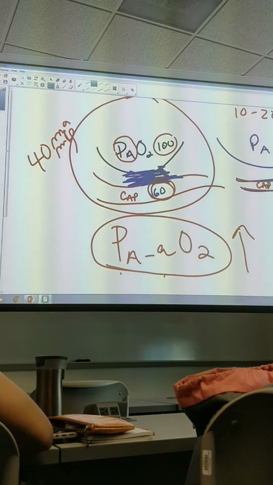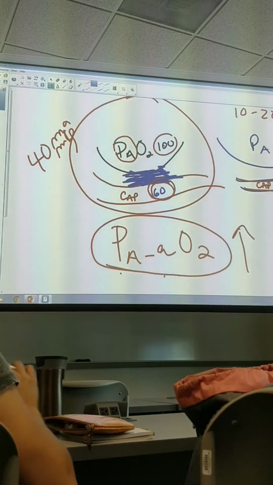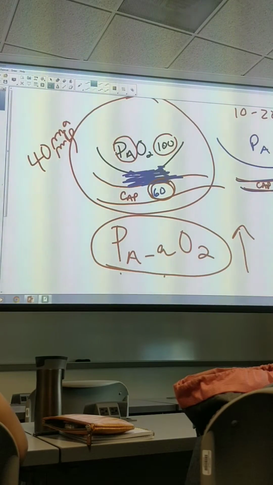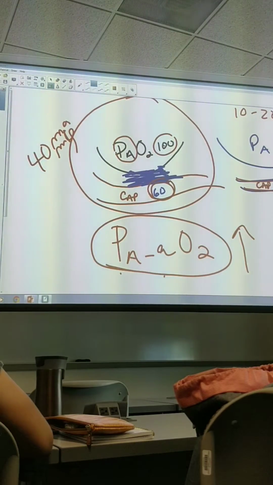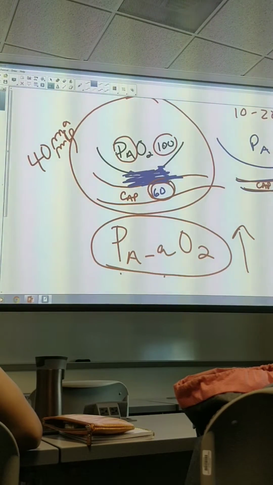Does that make sense? That's what the P big A little aO2 is. That is the difference between the amount of oxygen in the alveoli and what is in the capillary. And if you have any problem across the AC membrane, that difference is going to go up, and that's bad. Normally, if your lungs are working well, there should not be much of a difference between what's in the alveoli and what's in the artery.